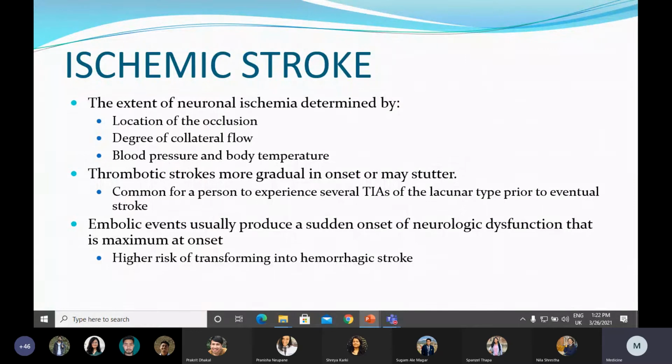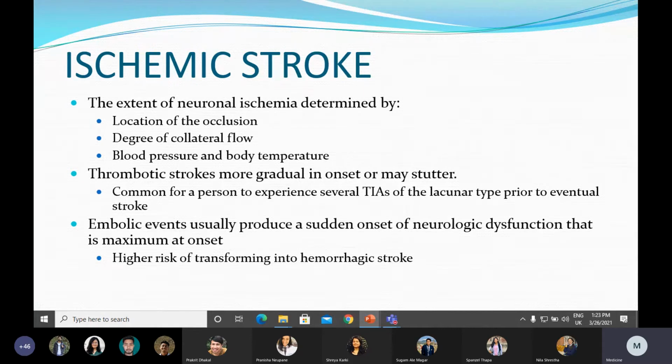Thrombotic strokes are usually gradual in onset and may stutter. And it is common for a patient to experience several episodes of TIAs, and the patient may give a history of TIAs. Embolic is a sudden onset, and they would be maximum at the onset.